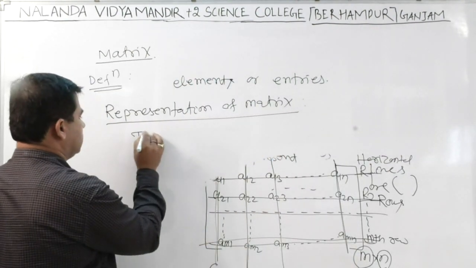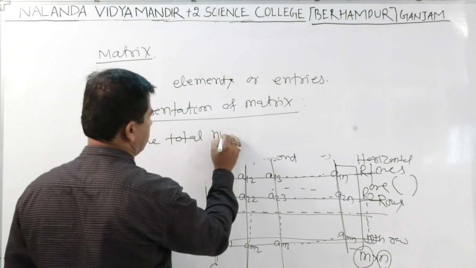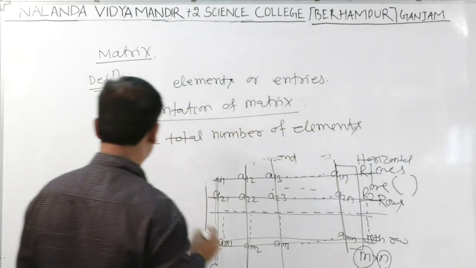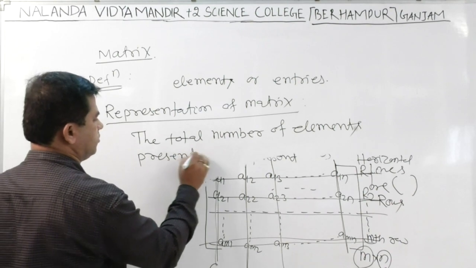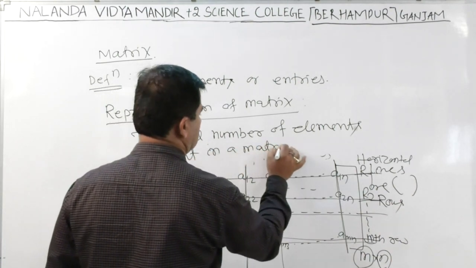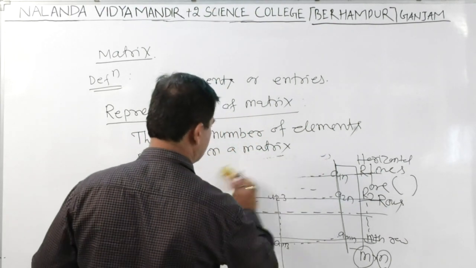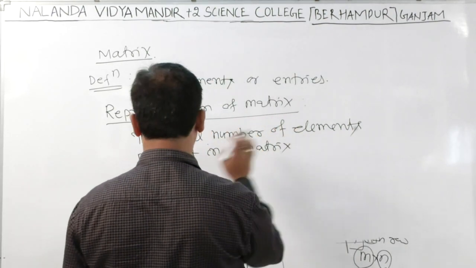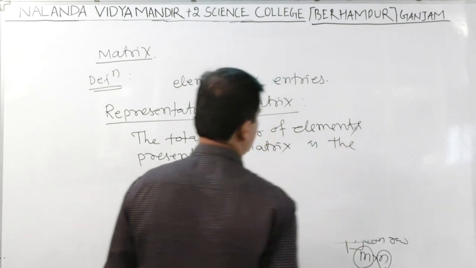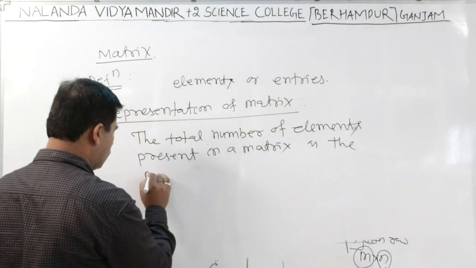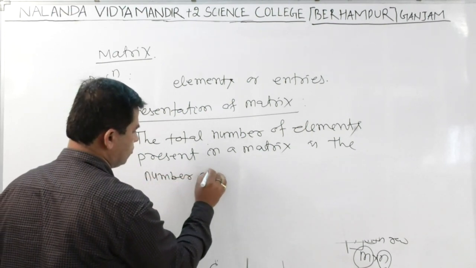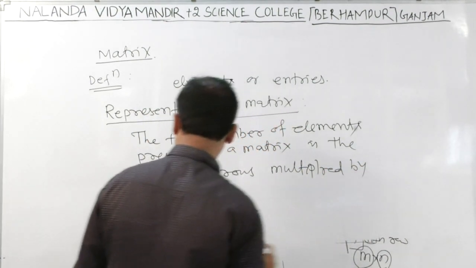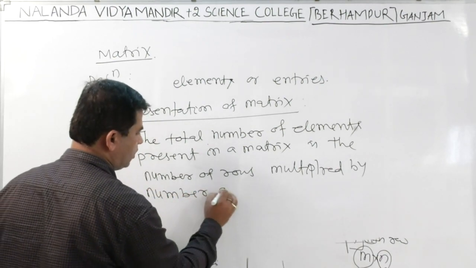The total number of elements present in a matrix is the number of rows multiplied by the number of columns.